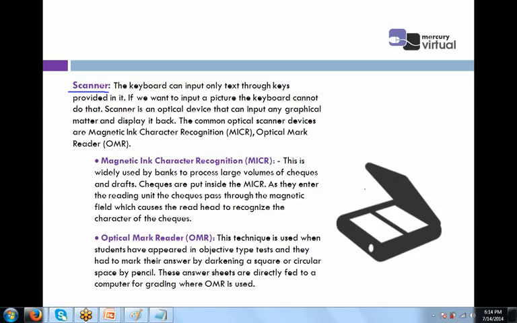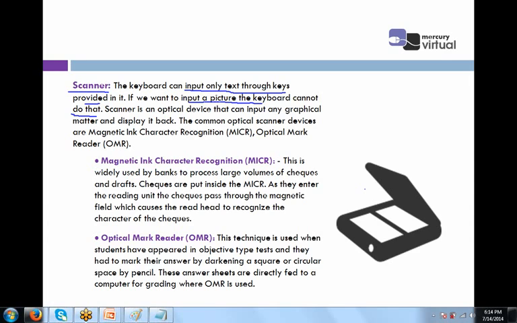Now let's see what the scanner is. The keyboard can input only text through keys. If we want to input a picture, a drawing or a map, the keyboard cannot do that, because it does not have picture or drawing options.